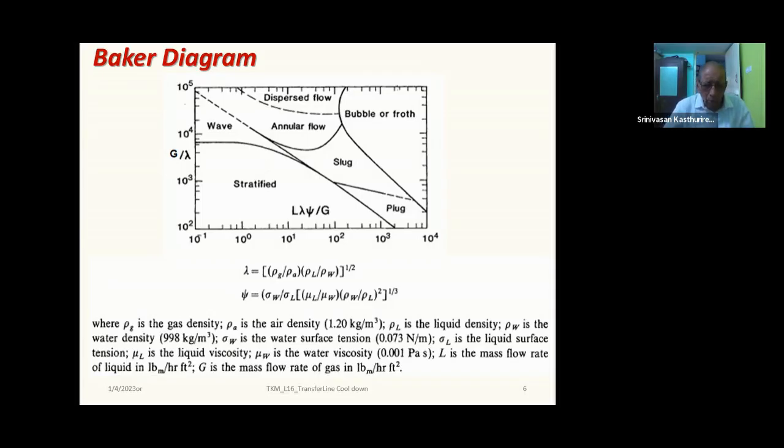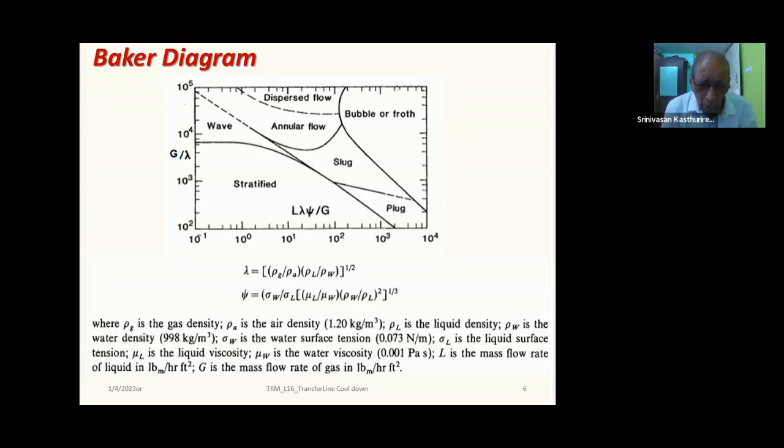Now, what are these parameters? We'll have a look. Rho G represents the gas density. Rho A represents the air density, which is 1.2 kg per meter cube. Rho L represents the liquid density, and rho W is the water density. Water density is 998 kg per meter cube.